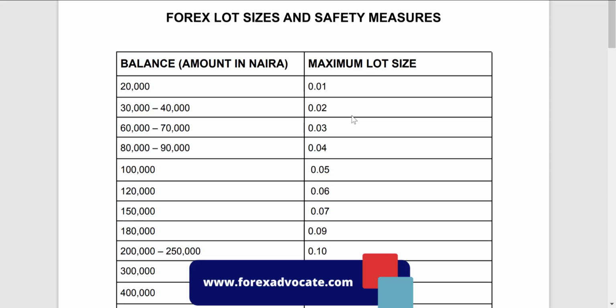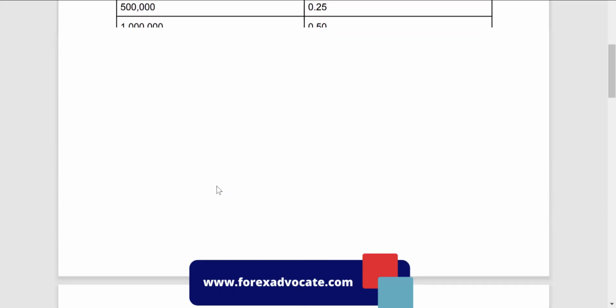This means that if you have access to a signal group that is certain, instead of 0.02 you can use 0.04. If your balance is 100,000 naira, instead of 0.05, you can use 0.10. You get it? Okay, let's move on.